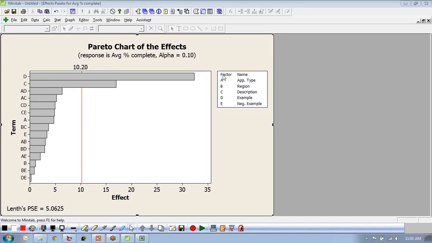AD is the interaction between the application type and example. Very interesting. So it says that that's not significant, but if it were significant, we could find that out. Okay, pretty cool, huh?